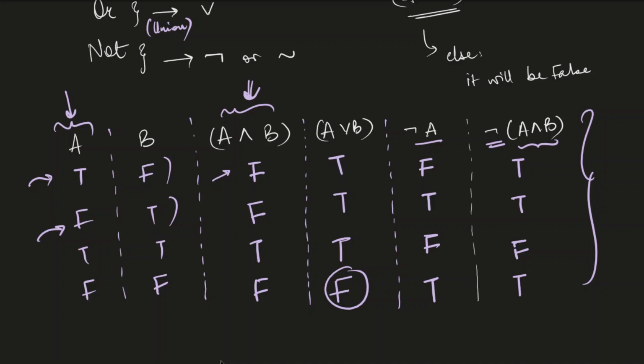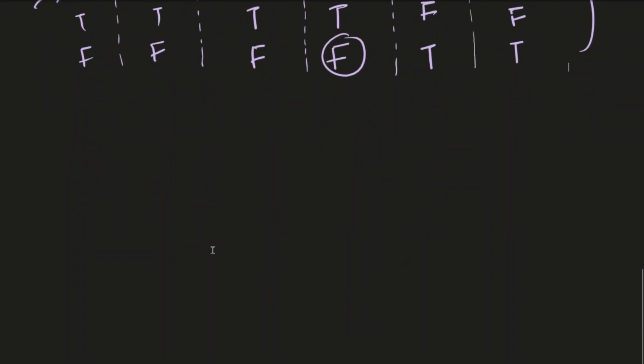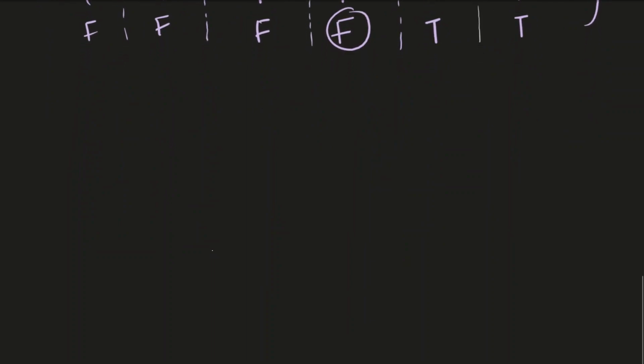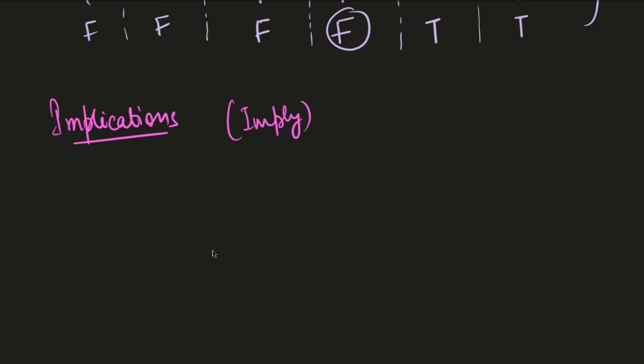There are also some other kinds of statements. Something really important that comes to mind when you talk about logical statements and logical proofs is implications. Well, what are implications? Implication basically comes from the word imply, and it's denoted by this symbol.